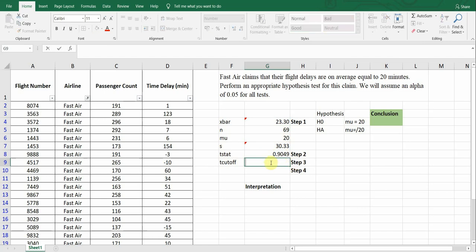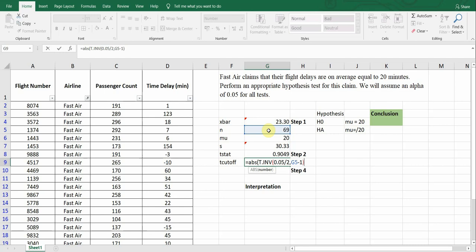Once we have done that, we'll go on to calculate the t cutoff. How do we calculate it? It is equal to the absolute value of T.INV, probability value. The probability value is the alpha value, which is 0.05 divided by 2, comma, degrees of freedom, which is 69 minus 1, and close parenthesis.